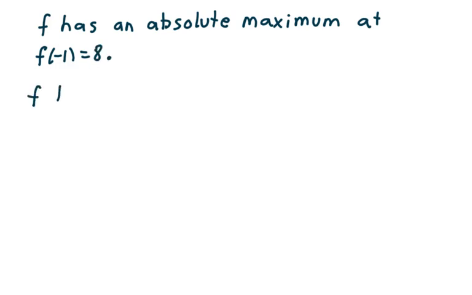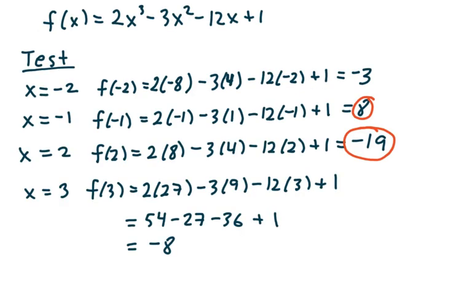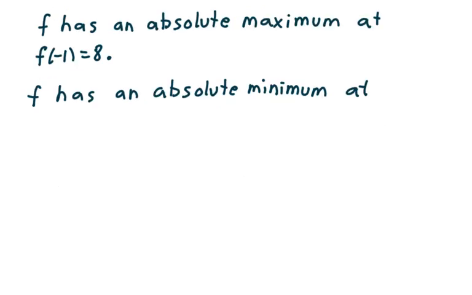Now, f has an absolute minimum at. And then if we go back, it's going to be f of 2 equals negative 19, because negative 19 is the lowest y.